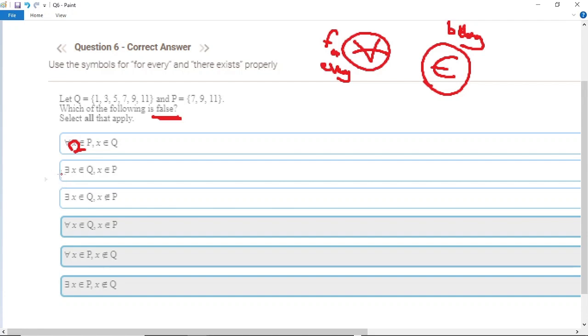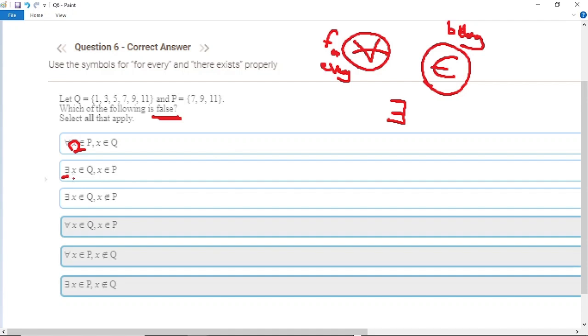Now, let's take the second answer. This symbol, opposite E, like this, it means there exist. Meaning that one number, two numbers, three numbers, all numbers exist. Okay, so let's see here.